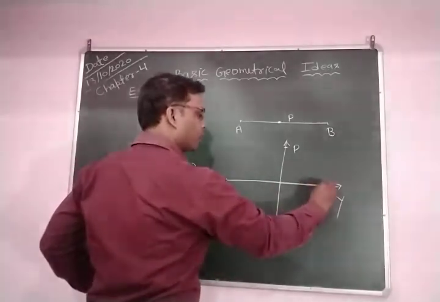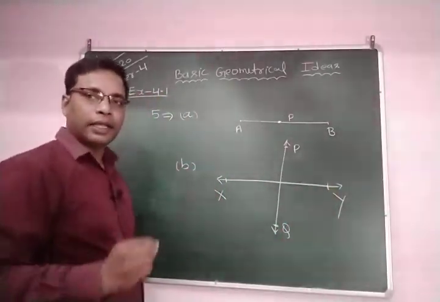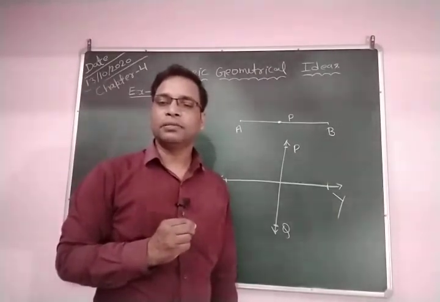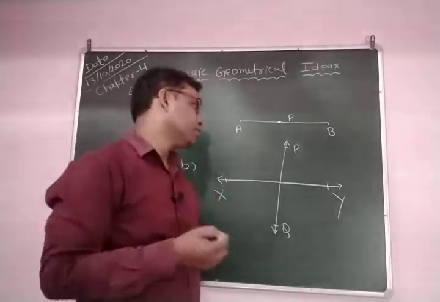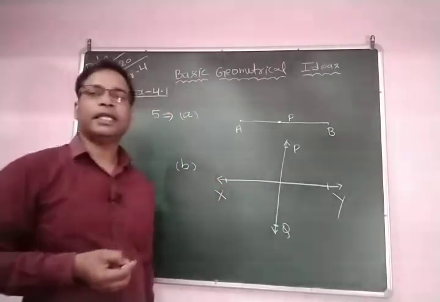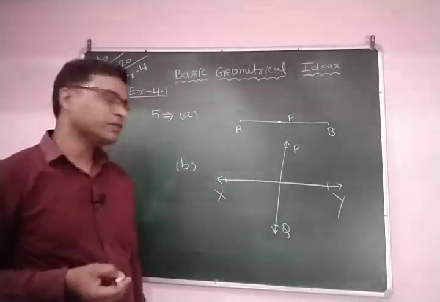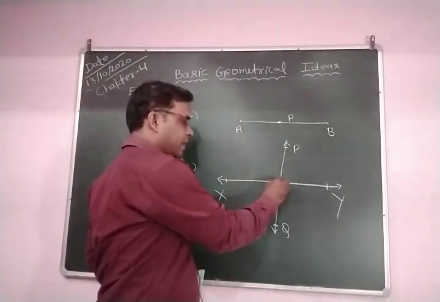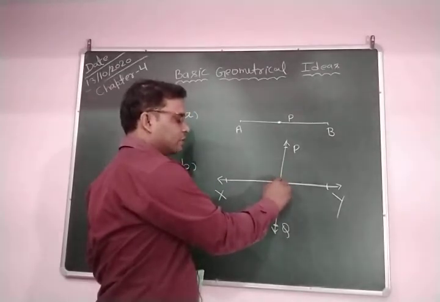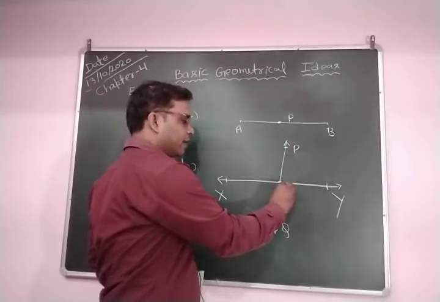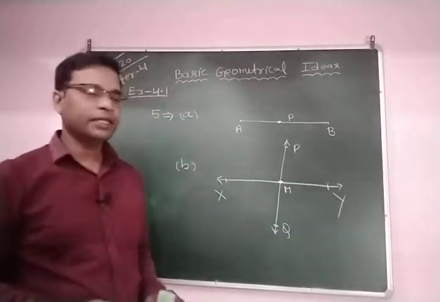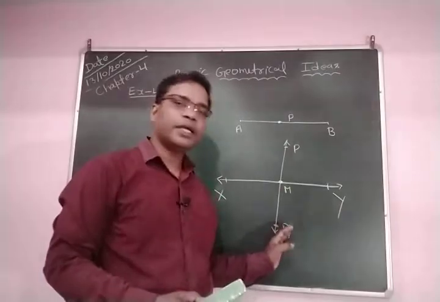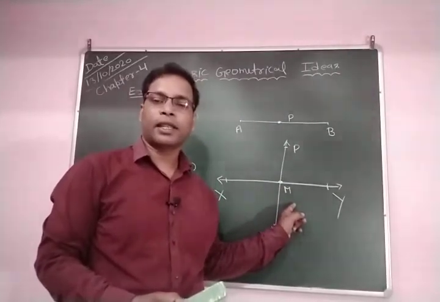The place where they intersect is point M. So you can see here that line XY and line PQ intersect at this point, which is point M.